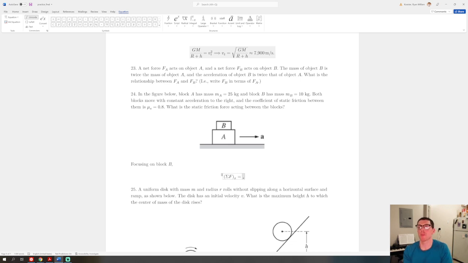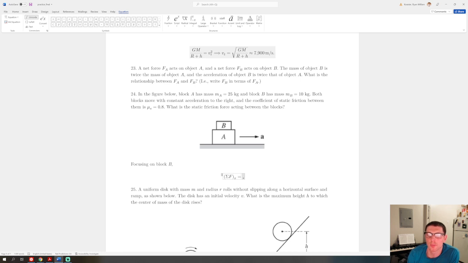And if we imagine this happening in real life, and we just block A with our hand or pretend it's not there, what we would see is block B accelerating to the right at some rate, right?